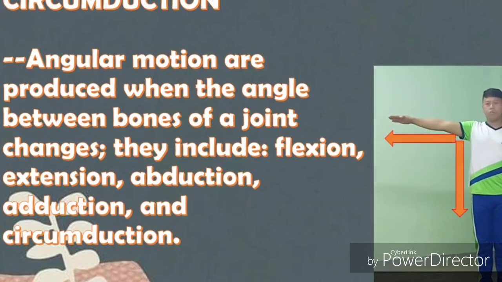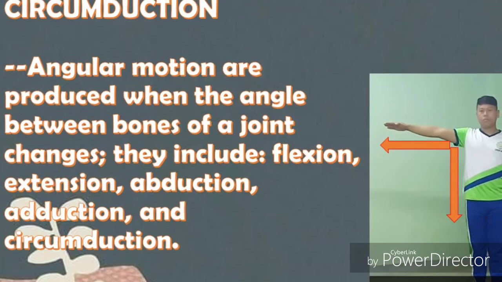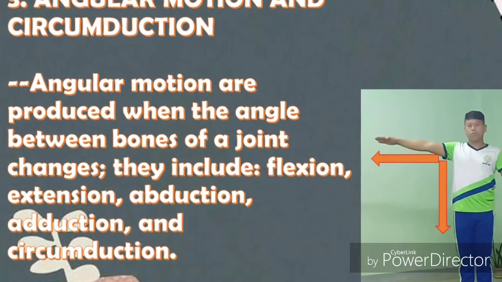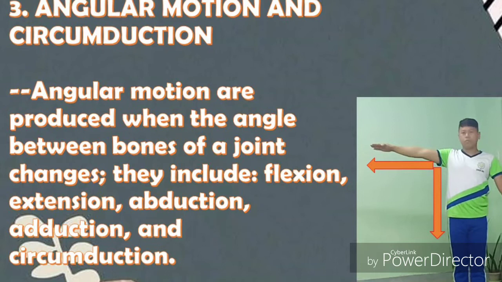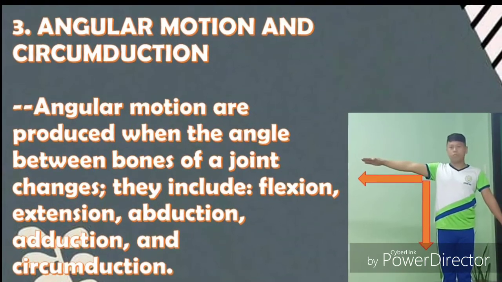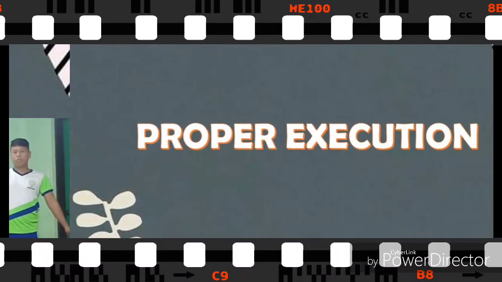Third is angular motion and circumduction. Angular motion is produced when the angle between bones of a joint changes. They include flexion, extension, abduction, adduction, and circumduction.